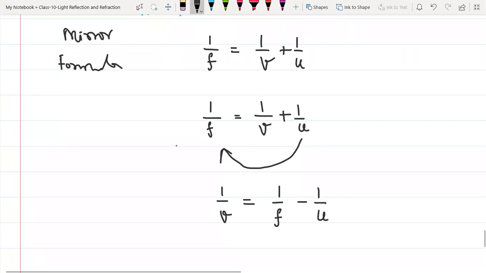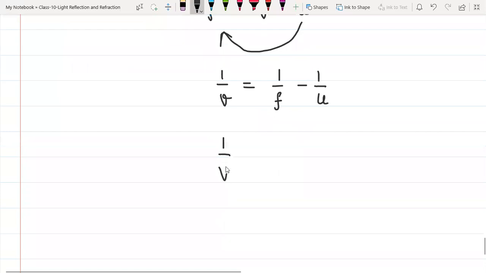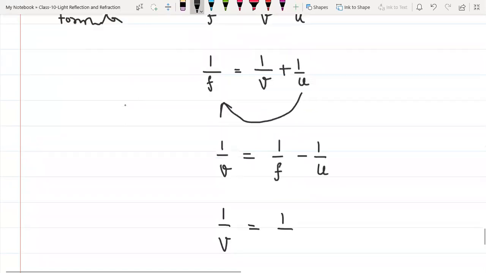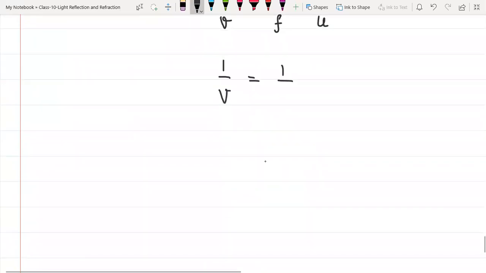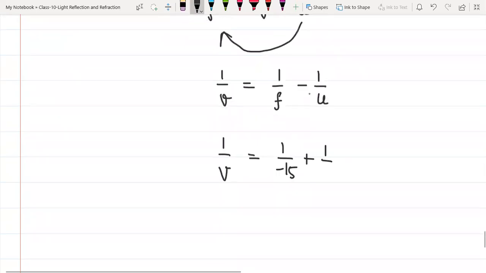Now let us try to find this one. 1 by V, we don't know the V value, is equal to 1 by F. What is the F value? Minus 15. So 1 by minus 15, minus 1 by U value.